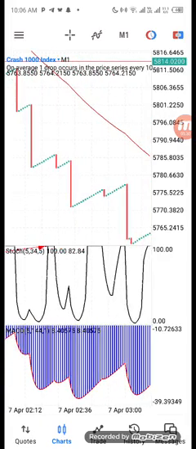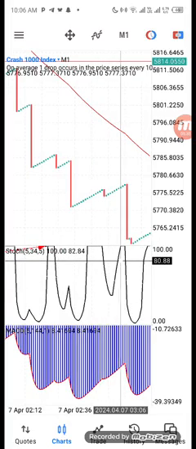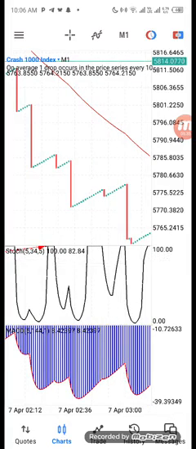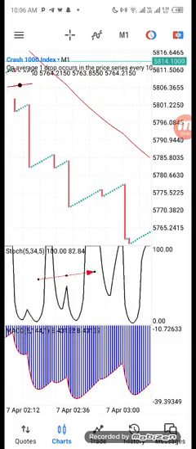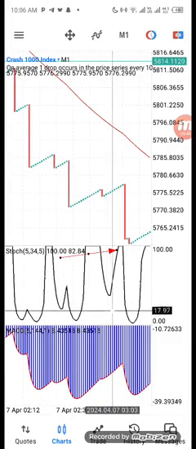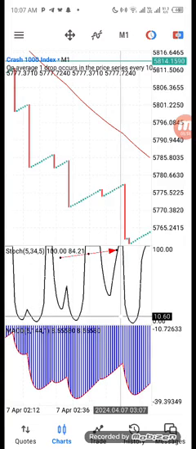Now let's check another one. This is another one. Let's check the candle criteria here. The stochastic line hits 100 at this level, yes, this meets our criteria. 1, 2.